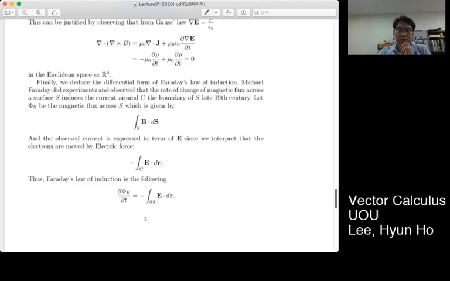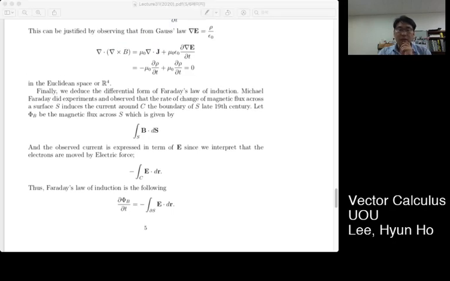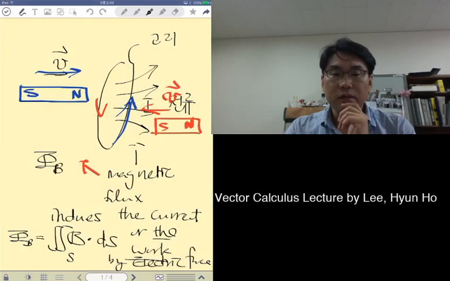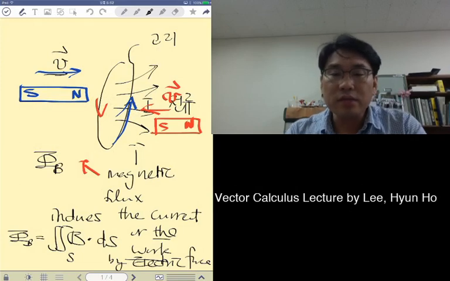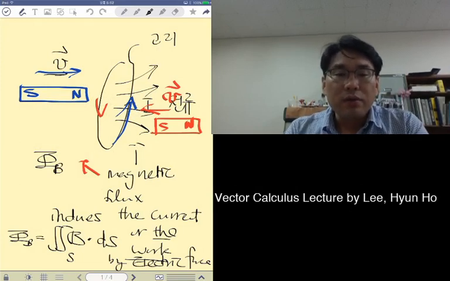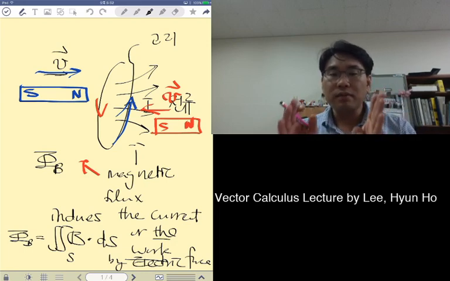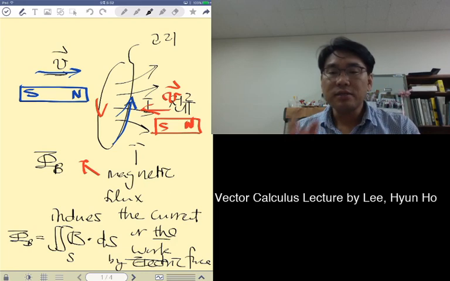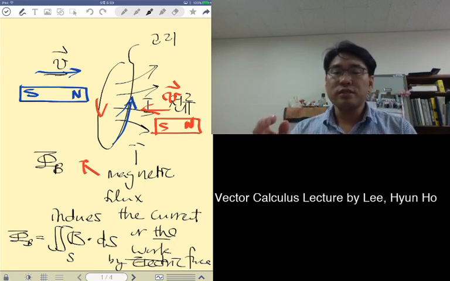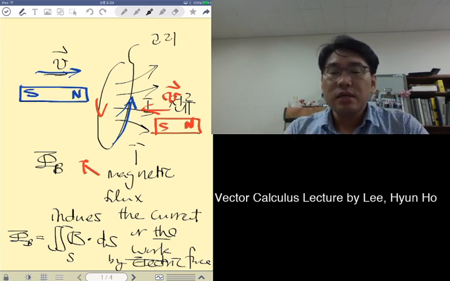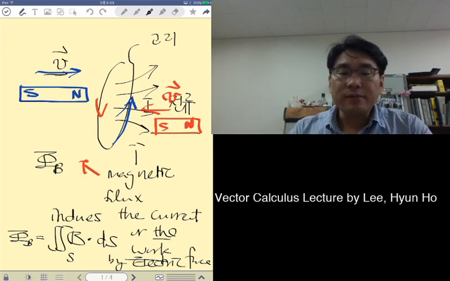So now let's look at the iPad. This is Faraday's law: when you make a time change of the magnetic flux, then this magnetic flux induces a current along the iron ring.